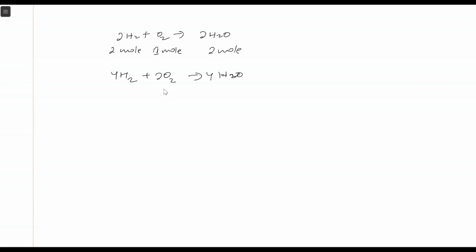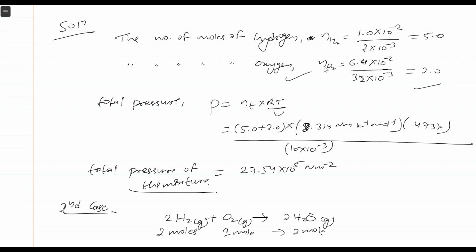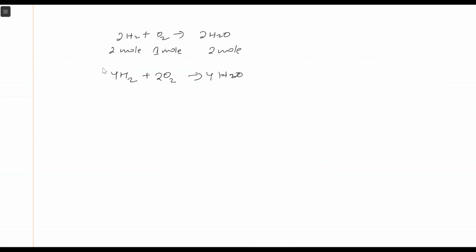Now the oxygen is used: we had 2 moles and we are using these 2 moles, and to use these 2 moles of oxygen, we need 4 moles of hydrogen. But how many moles of hydrogen did we have? We had 5 moles of hydrogen. That means 1 mole is still remaining.